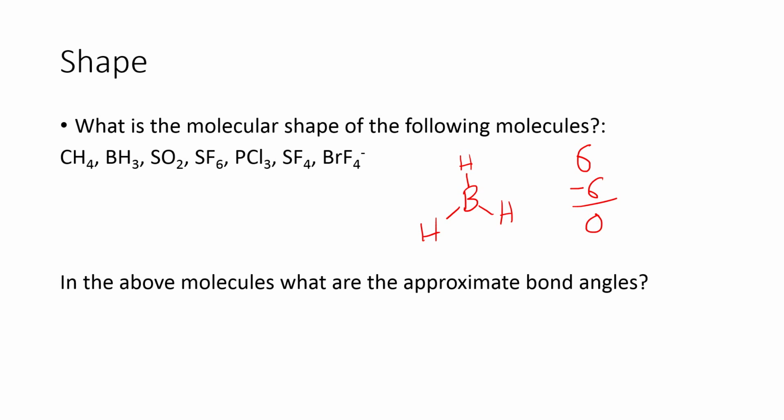So in this case, we have a total of 3 electron domains, our 3 bonds, and we have no lone pairs. That's going to give us the shape of trigonal planar. Now we've got a question of, what are the angles between this H-B-H bond, the H-B-H bond? You can either just remember it's 120 degrees.